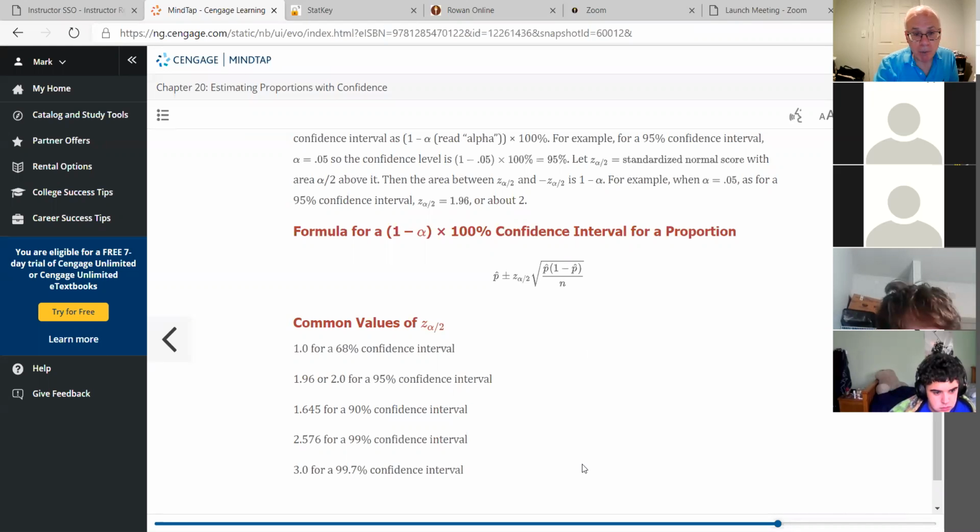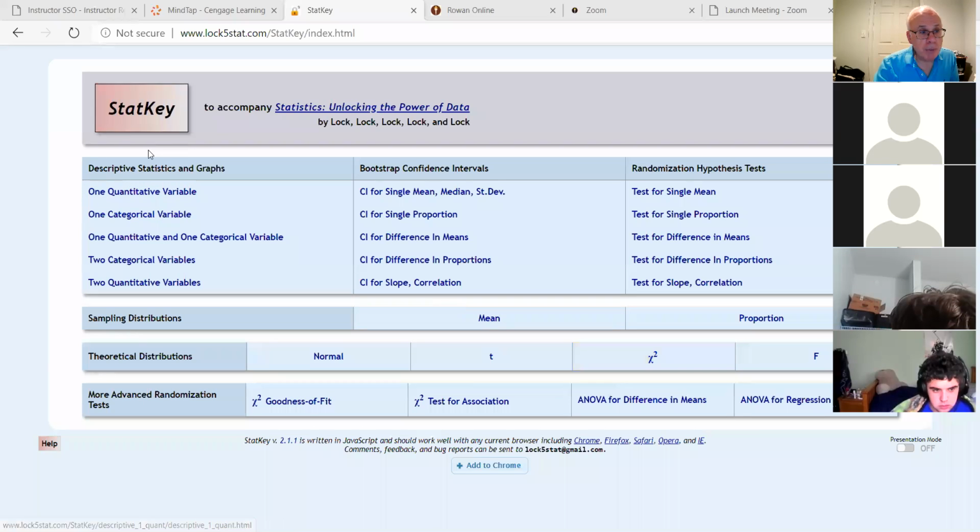We're going to get ourselves out of here and go to StatKey. Just give me a second to highlight StatKey. All right, so here is StatKey.